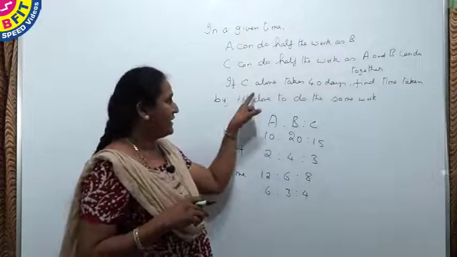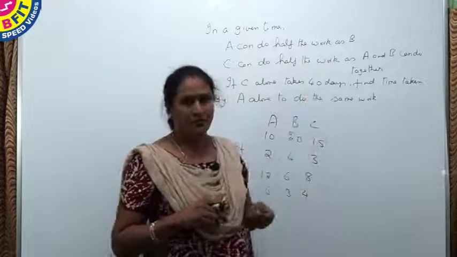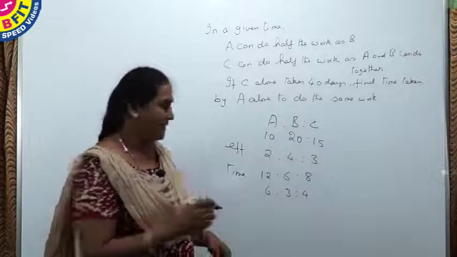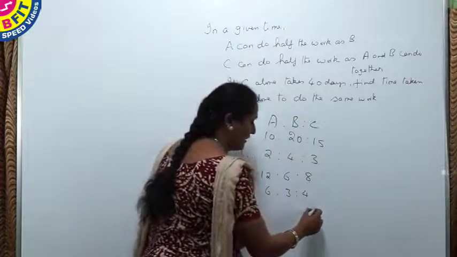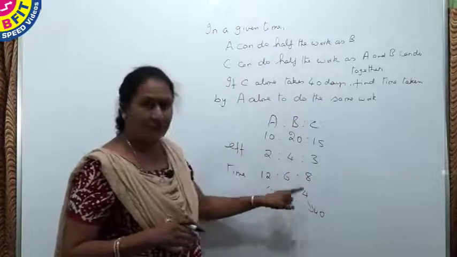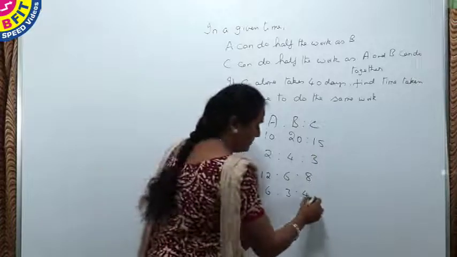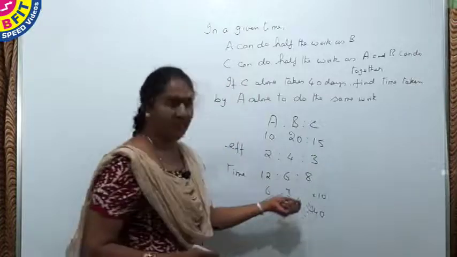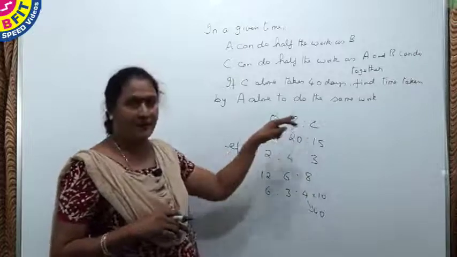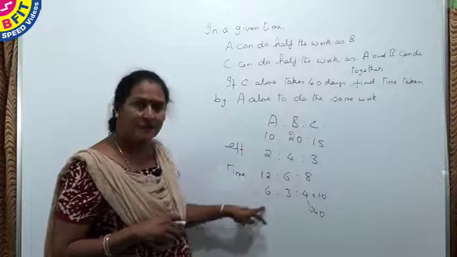It is given that C takes 40 days to do a work. So we can see that 4 parts is the time taken by C. So when 4 parts is 40, how did you get this 40? By multiplying with 10. So 4 is multiplied with 10 and we get 40 days. And now you are asked to find the time taken by A. A takes 6 parts of the time.